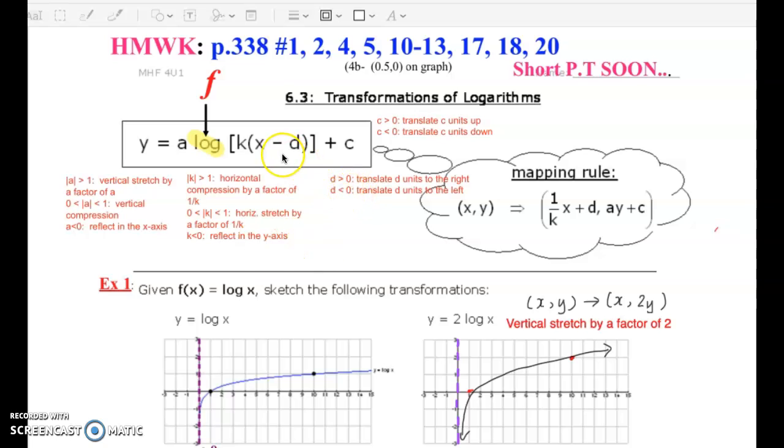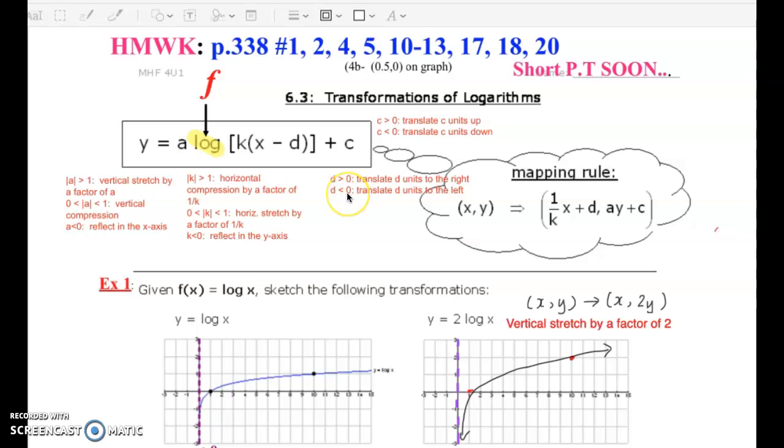The value of d, well, since the equation written here is x minus d, if I substitute a positive number here, say 2, x will be minus 2. So this shows a translation of d units to the right.